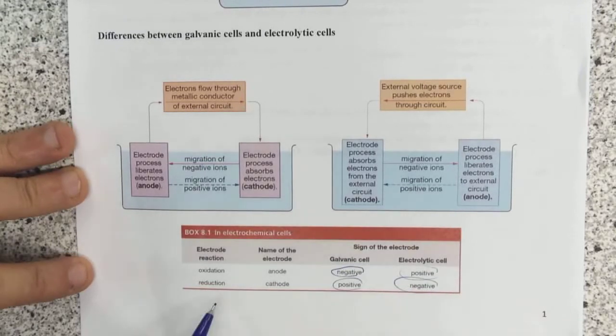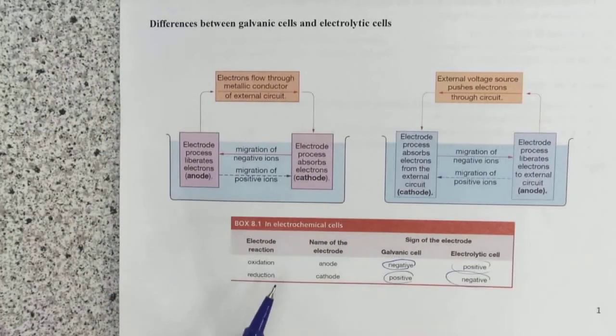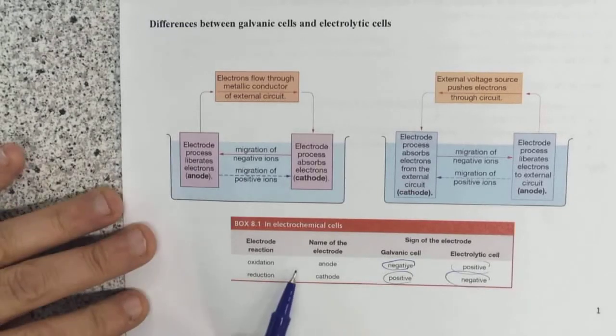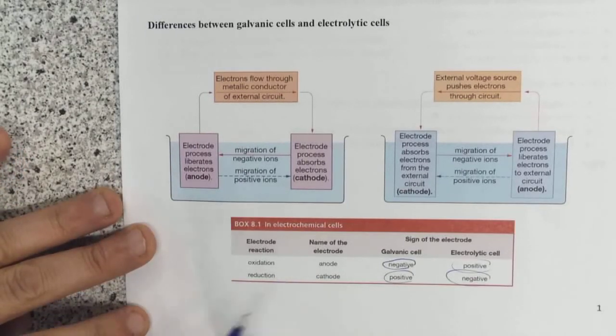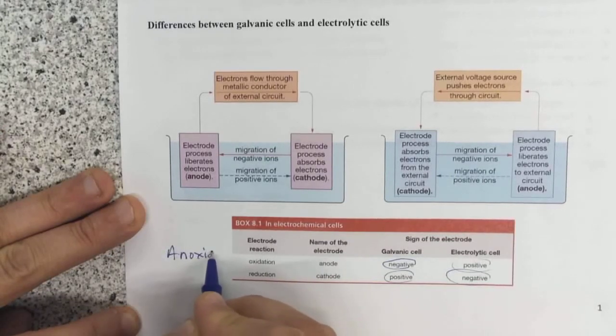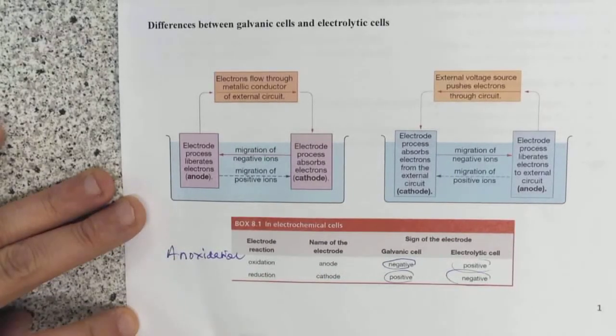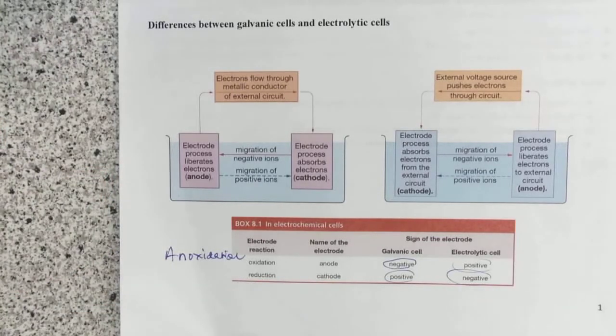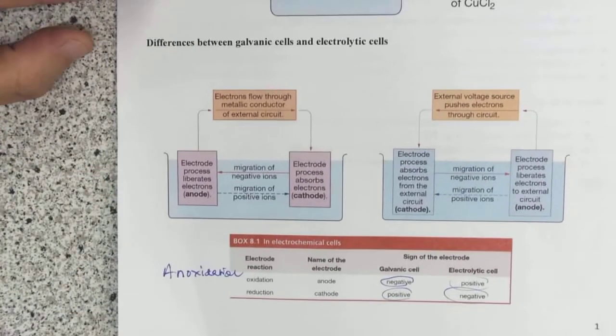However, for both of them, oxidation is always for the anode, reduction always for the cathode. It's easy to remember that the anode is always oxidation for electrolysis.